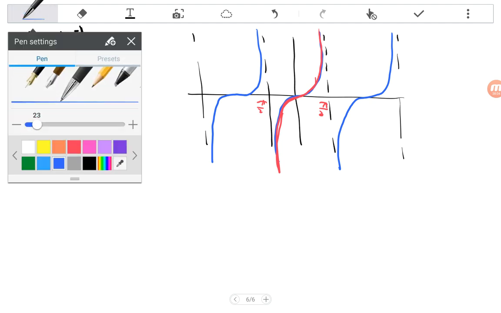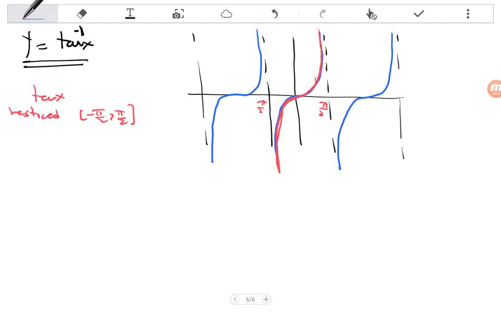Now there is something wrong that I've written in this restricted domain. What do you think? Yes, they must be open. Negative pi over 2 and pi over 2 are not in the domain of tan, so they couldn't be in the domain of the restricted tan.